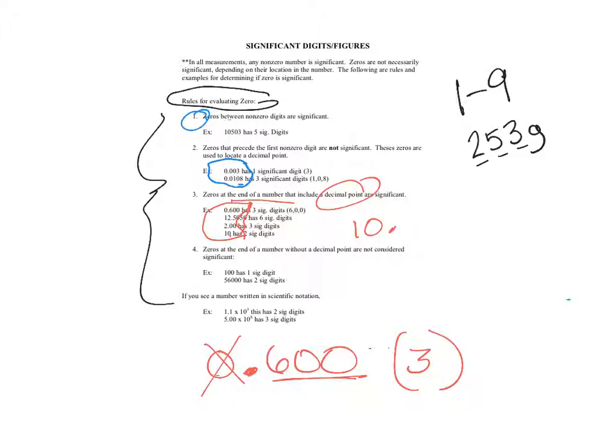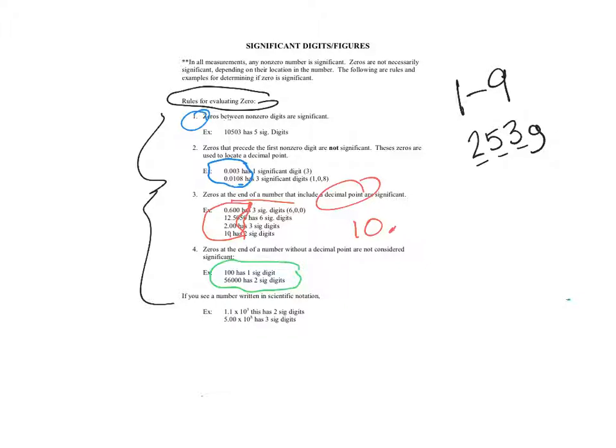And then rule number 4 actually kind of ties into rule number 3, and that is talking again about those ending zeros where there's not a decimal point in the number. So just 100 without the decimal, the only significant digit is that first 1 there. Again, that doesn't mean 100 equals 1. That is not what we're saying.